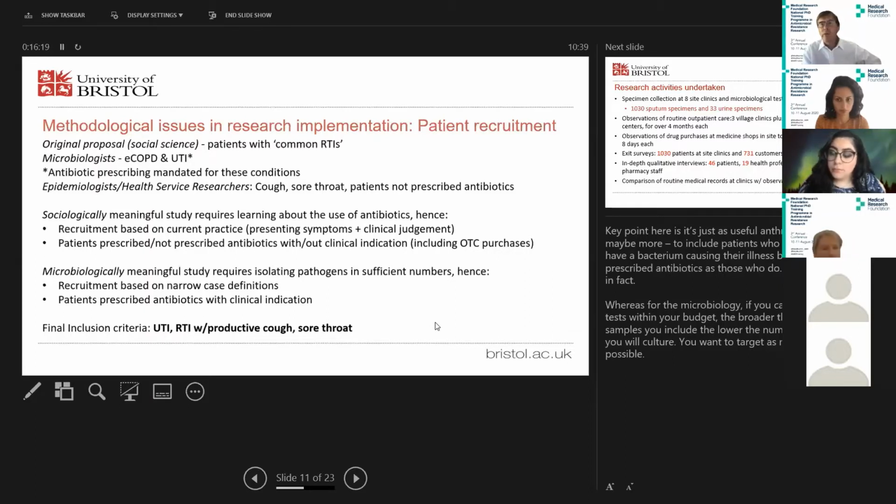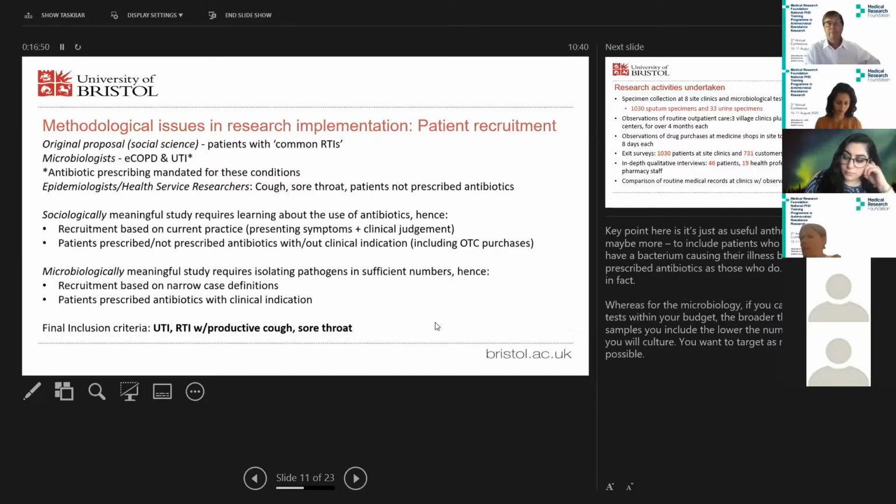And that means it's just as useful anthropologically or sociologically, maybe more useful, to include patients who don't turn out to have a bacterium causing their illness, but who are prescribed antibiotics, as those who do have such a bacterium. In fact, that tells us more about what's going on in that clinical encounter to lead antibiotics to be prescribed, even though there isn't a bacterial pathogen.